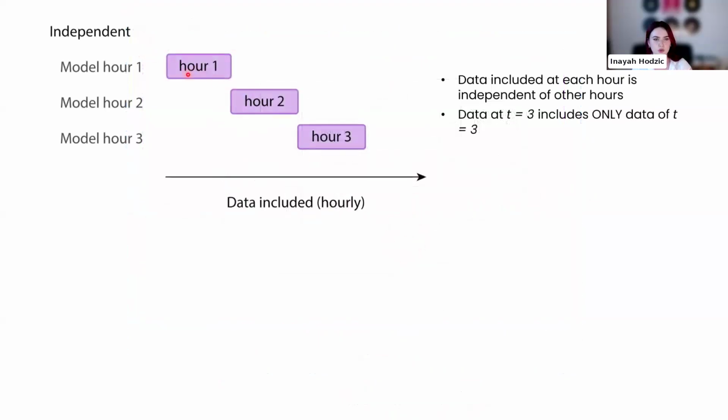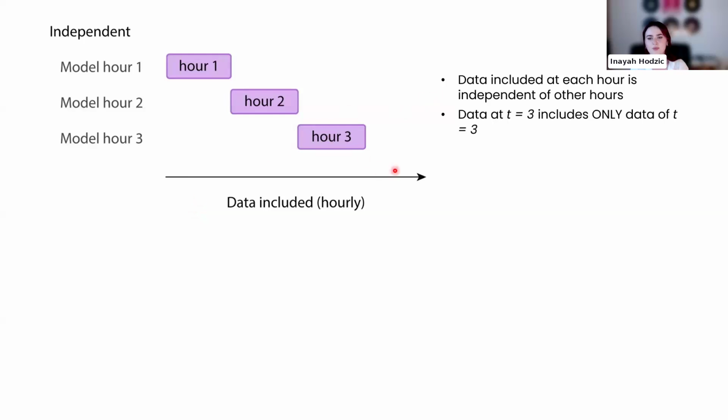So if we look at the individual data at each individual data point, in this configuration, data included at each hour is independent of all other hours. So the CNN trained at hour number 1 contained only data of hour 1. The CNN at hour 2 contained only data at hour 2, etc. And I also forgot to mention, we trained 2 separate models, one for the 4-electrode configuration and one for the 9-electrode configuration.